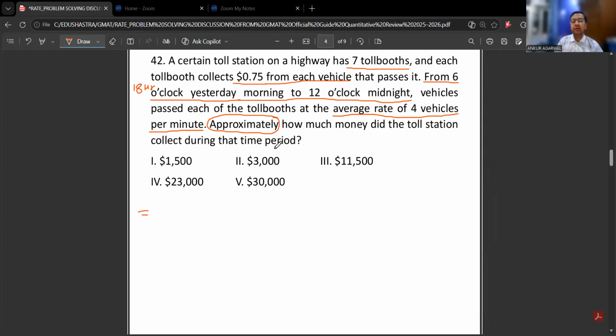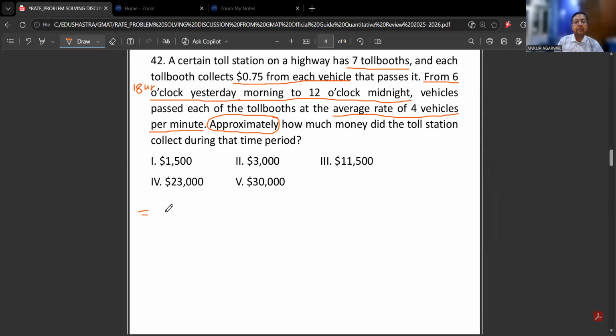From 6 a.m. to 12 midnight. How many total hours? 18 hours. So first of all, I have to identify for 1 hour. And for 1 hour, what is the average rate? 4 vehicles per minute. So there will be some change.